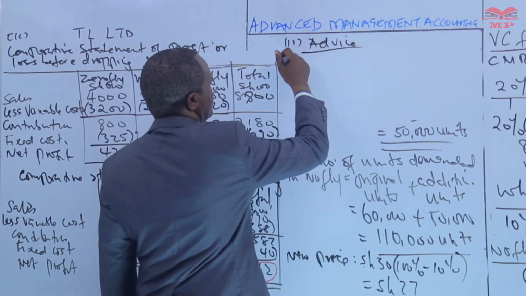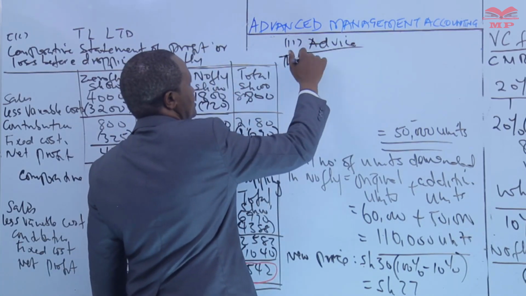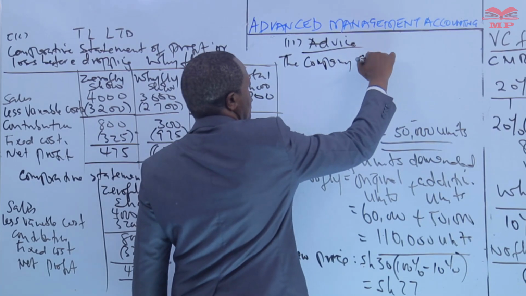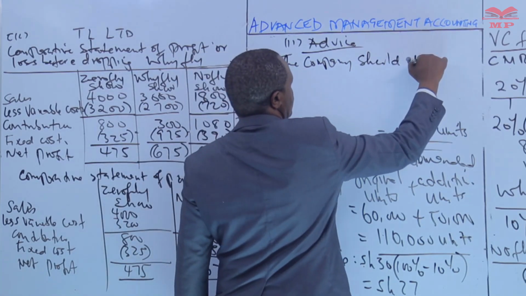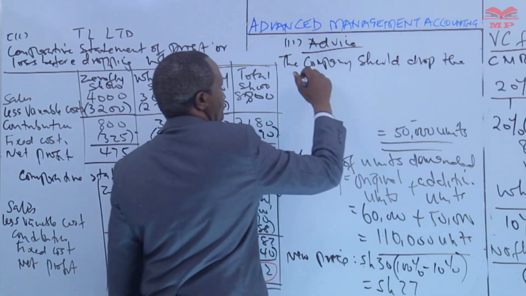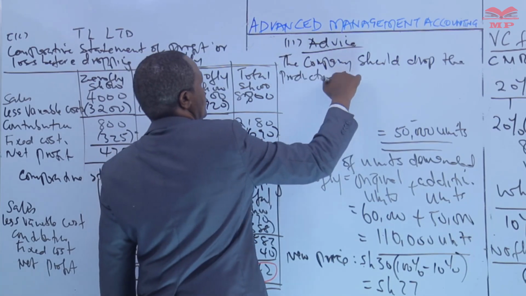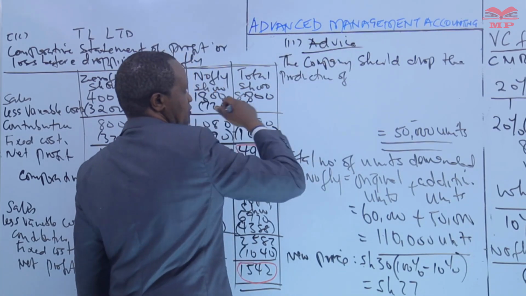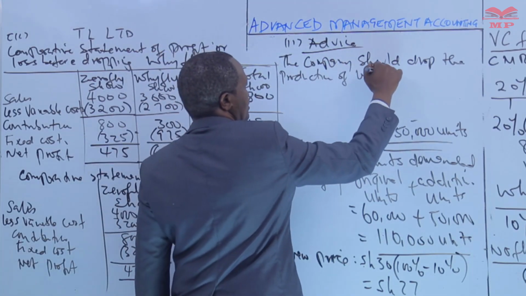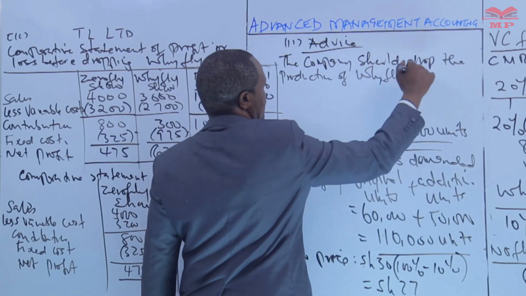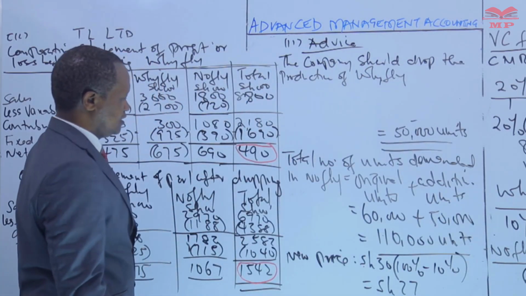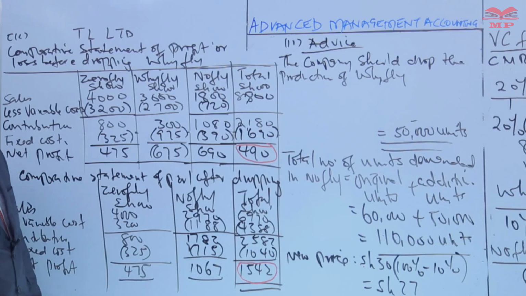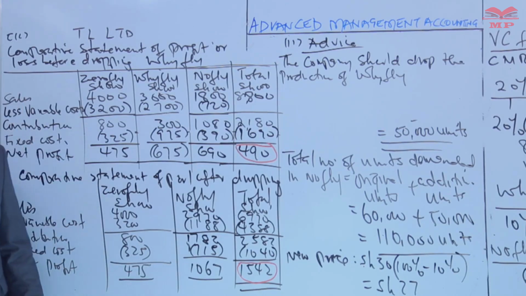If it is an increase, then the advice is that the company should drop the production of Wi-Fi. I want the increase. What is the increase? Corey says 1052.